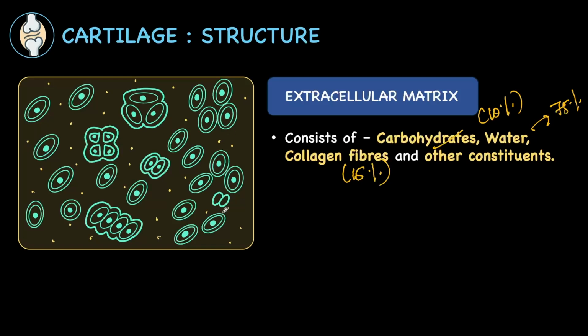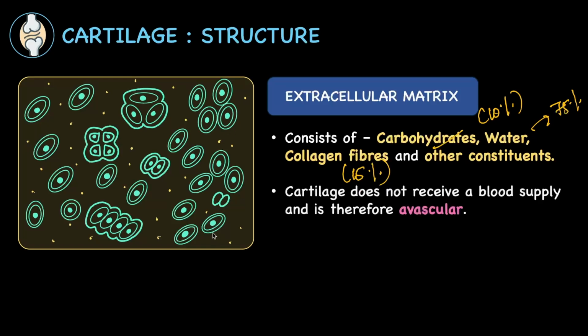Now, unlike bones which have a rich supply of blood vessels, cartilage does not have any supply of blood vessels. Therefore, it is avascular and it gets nutrition by diffusion from the nearby capillaries. Along with this, cartilage is also aneural, which means there aren't any nerves present in the matrix as well.